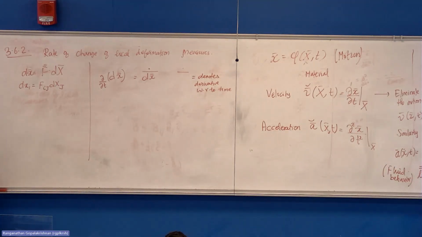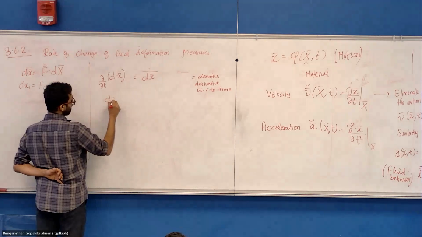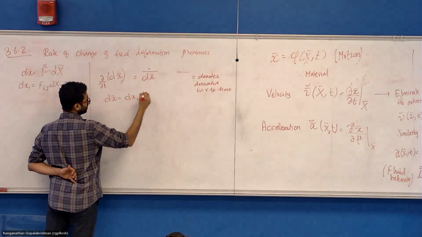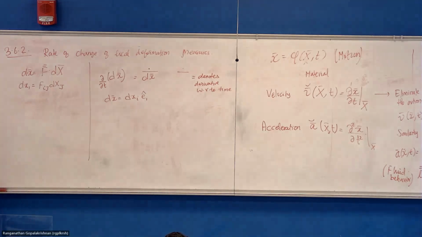And we do know that dx is dx_i e_i cap. That's how we write it as a vector in the spatial coordinate system.